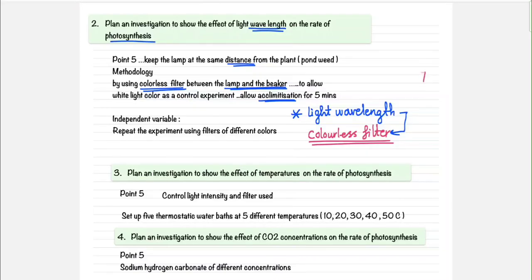I have my lamp in here, and that is the beaker. I'm going to add a colorless filter so that only white light can enter. Then I'm going to repeat the experiment using filters of different colors. And that's how we change the light wavelength.